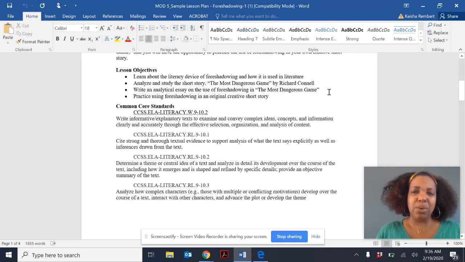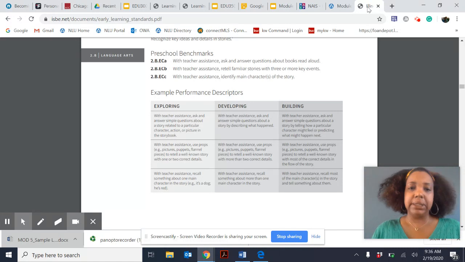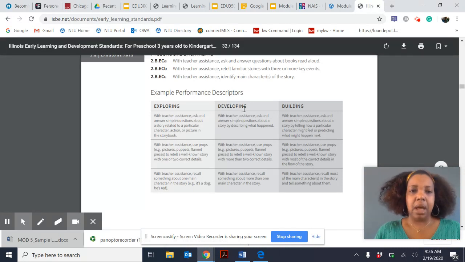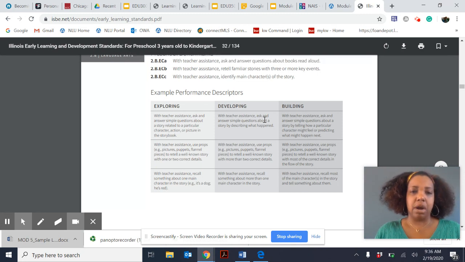The next thing you'll do is the standards. And while these are Common Core standards, most of you are early childhood, and so those standards really don't relate to you because those are not within your grade level band. So you'll want to focus on these standards, which are the Illinois Early Learning Standards, and are more, as you can see, geared toward preschool to kindergarten students.